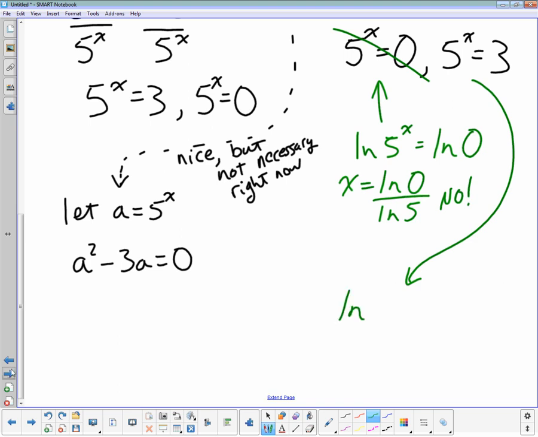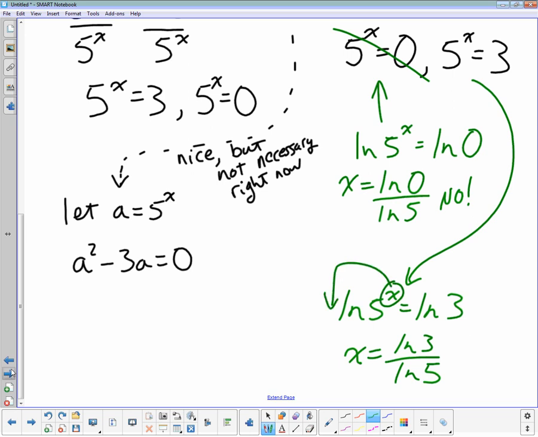So natural log of 5 to the x equals natural log of 3. X equals natural log of 3 all over natural log of 5. Because I took my exponent down as a coefficient and then divided out by the natural log piece.